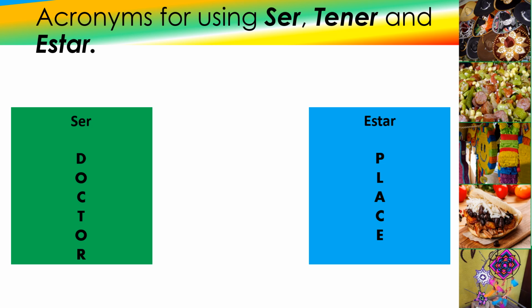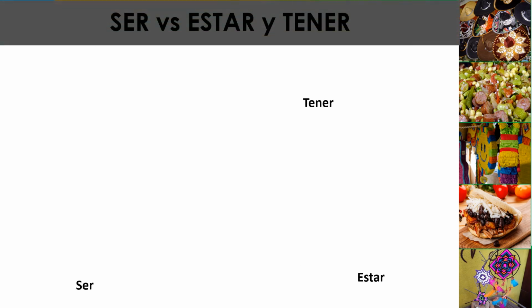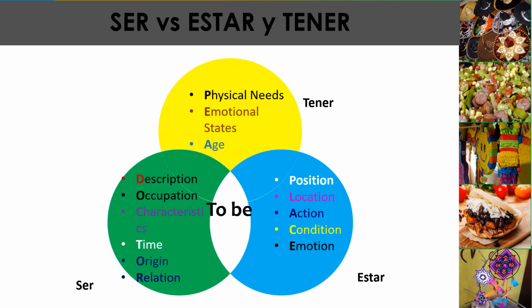And the third one, P, as in the pea grain, for tener. So, DOCTOR for ser, PLACE for estar, and P for tener. Let's continue to see what these signify. First we'll look at ser, then estar and then tener.